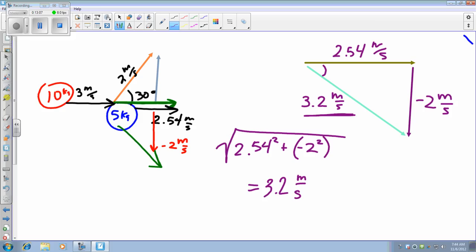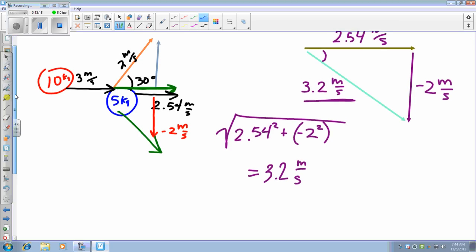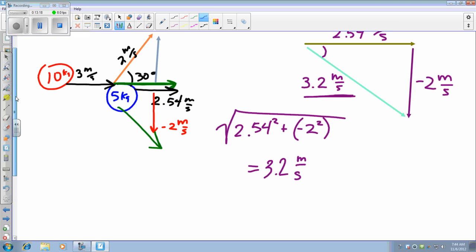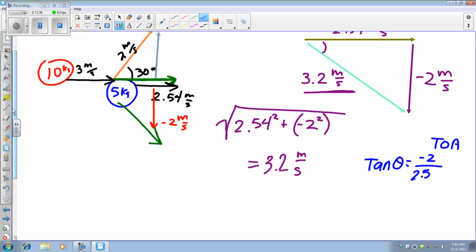Now, what angle? That's the next thing I want to do. And for this, I can just use my inverse tan. Let's go back to our roots of SOHCAHTOA, and if we think about the TOA part of it, tan of the angle is going to be equal to opposite, -2, over adjacent, 2.54.